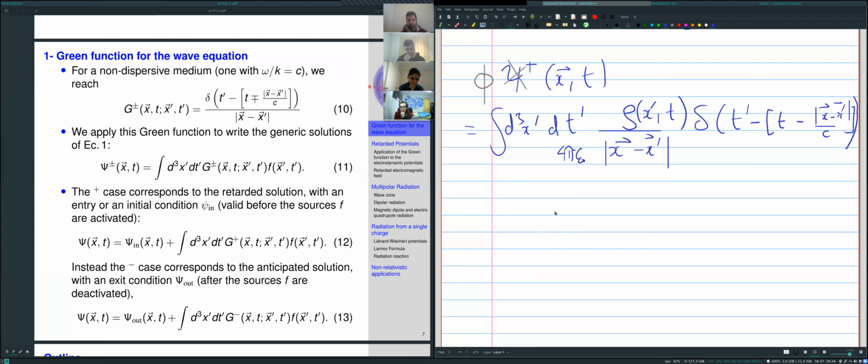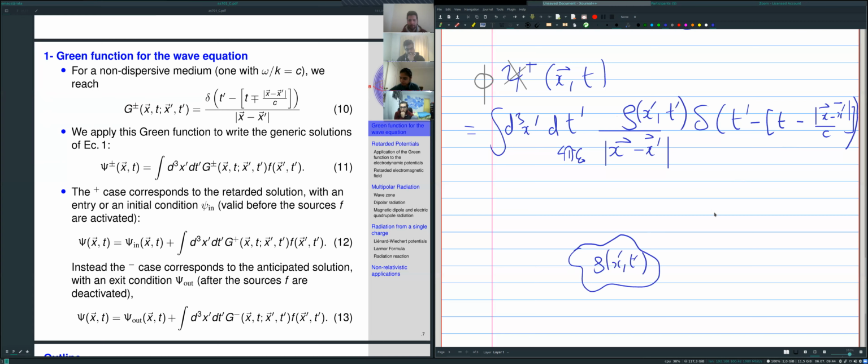How can I explain this? Suppose that we have the sources here in this region of space. So here we have x prime and t prime.